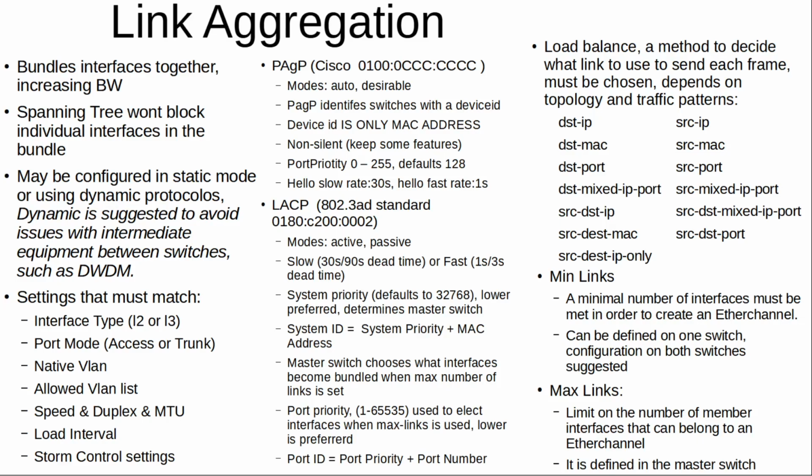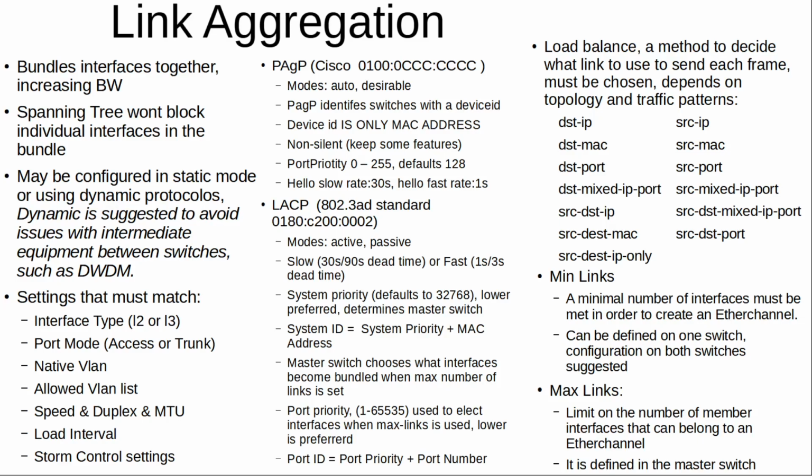You also have to choose a load balancing method in order to tell your switch what link it will use to send each frame. An algorithm must be chosen. It depends on the topology and traffic patterns on your network.